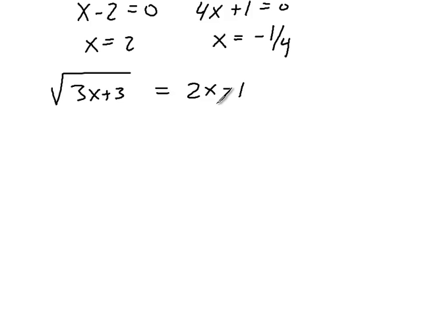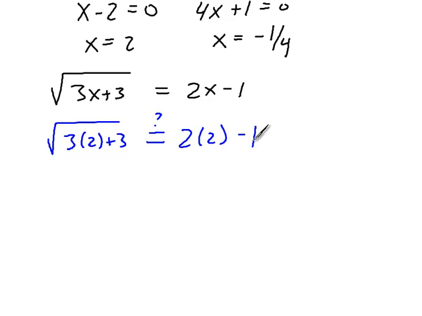So if we plug 2 in, the square root of 3 times 2 plus 3, does that equal 2 times 2 minus 1? So here we have 6 plus 3 is 9, square root of 9 is 3, and 2 times 2 is 4, minus 1 is 3. So that one works.